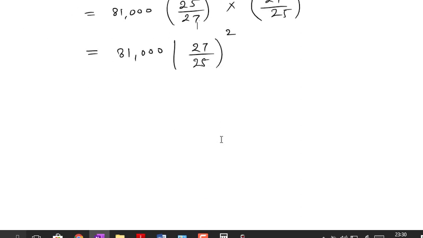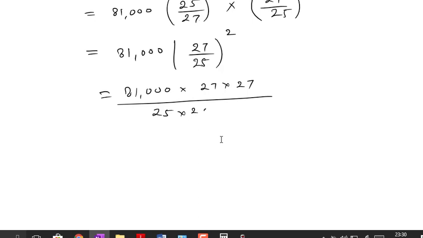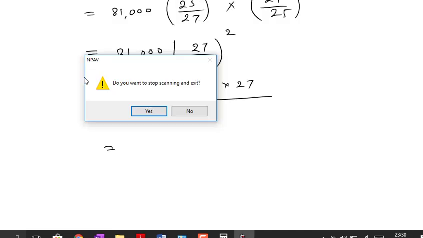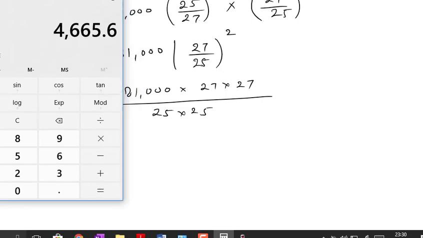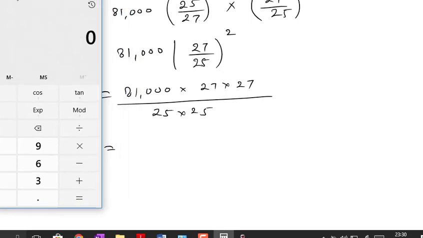Now this calculation is easy. This is 81,000 into 27 into 27 divided by 25 into 25. So you will divide by 5 and then again with 5, like that you do the calculation. Finally, I will calculate this with a calculator. So this is 81,000, then we have into 27 into 27, then we have to divide with 25.